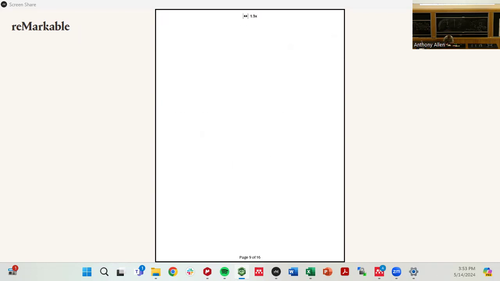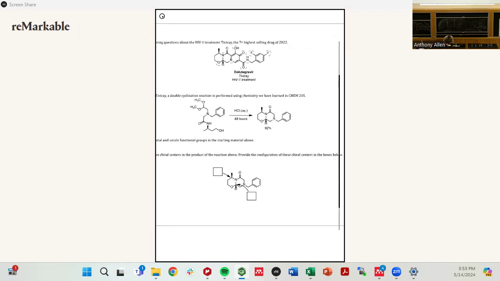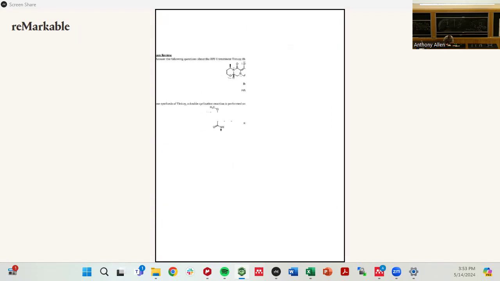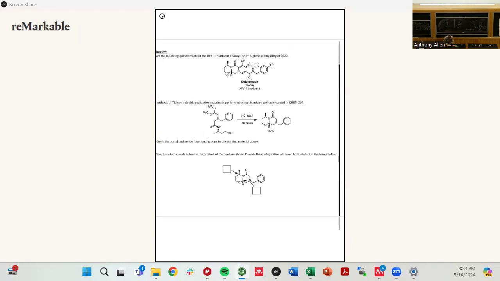Oh yeah, I was excited to find this question. All right, circle the acetal and amides. So at the very least, you got to know your functional groups. Acetal, then amide.